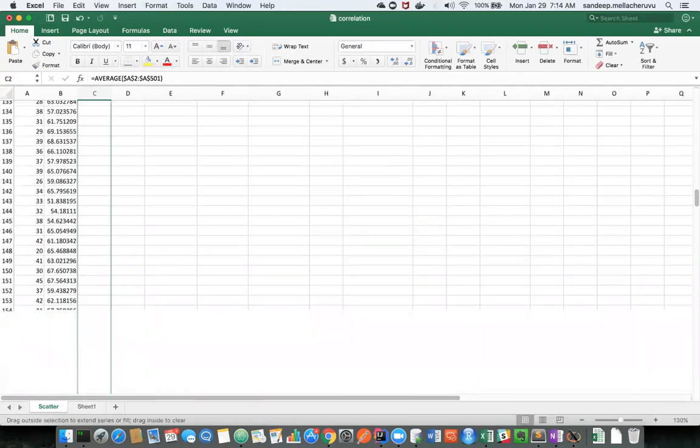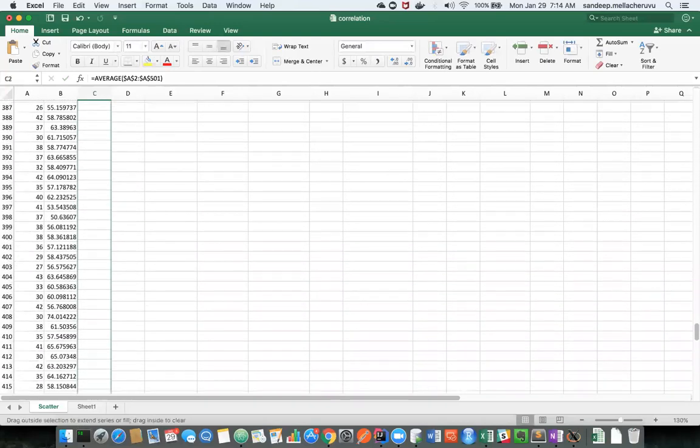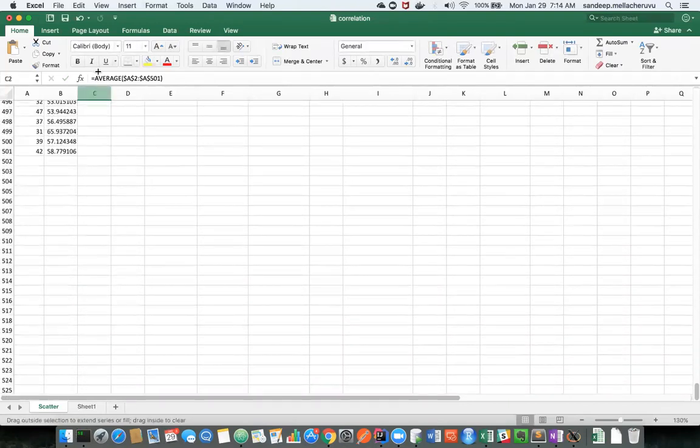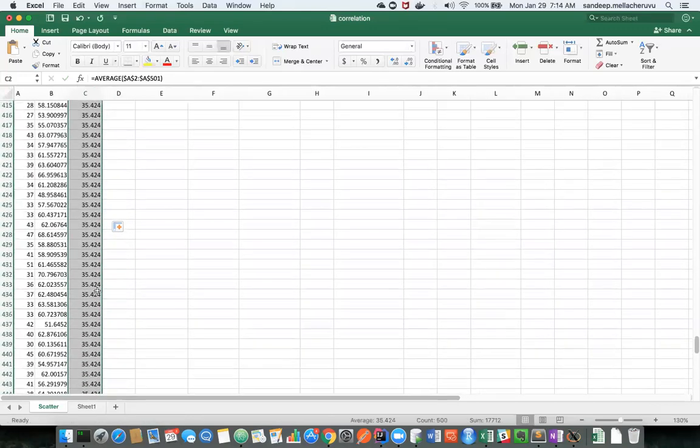This will help me in simplifying. I don't know how many data points are there. Is it 1000? Yeah, 500, I think. Okay, 500. All the data points I'm copying the same average.